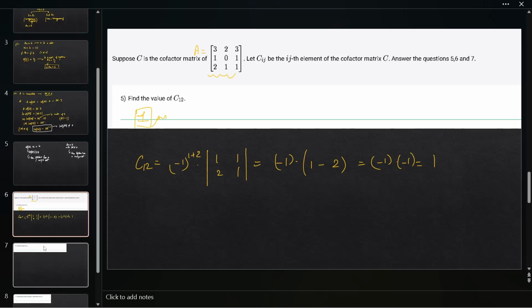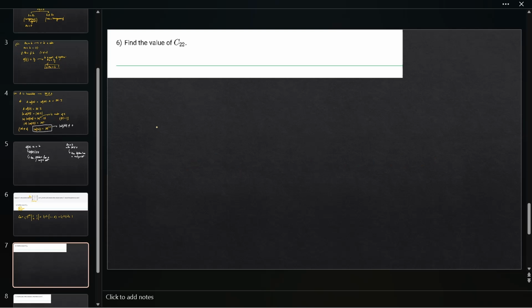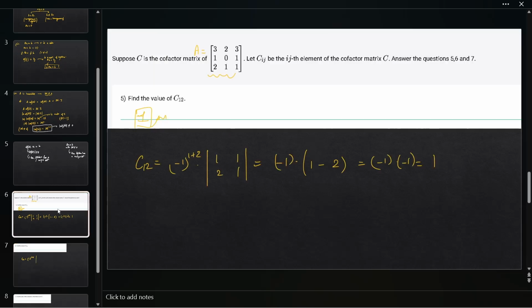Now, moving on to question number 6, that says find the value of C22. Now C22 is equal to minus 1 to the power 2 plus 2 times the determinant of the matrix obtained on deleting row 2 and column 2. So this is my row 2, this is my column 2, and if I delete both row 2 and column 2, I'm left with this matrix 3, 3, 2, 1.